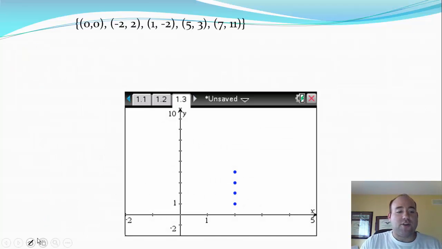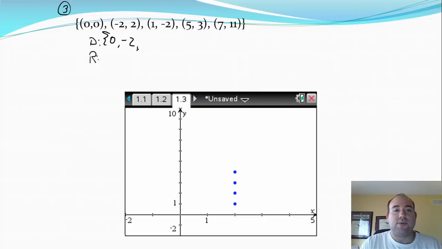Okay, so for the third one, I'll go back to black. For number 3, we've got a set of ordered pairs. Again, we just pull out the x-coordinates, the domain, just like we did earlier in this video. And then the range, we do the same thing with the y's. Now, is this a function?